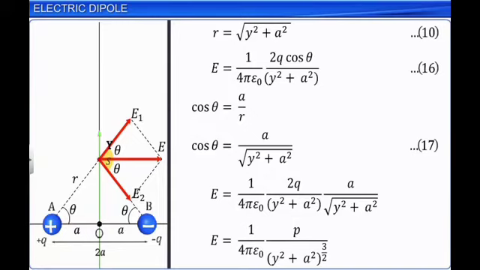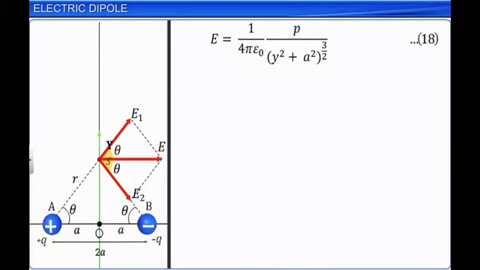The direction of the electric field strength at the point S is opposite to that of the electric dipole moment and parallel to the axis of the dipole as discussed earlier. When the point S is at very large distance from the center O, then y is very large as compared to a.